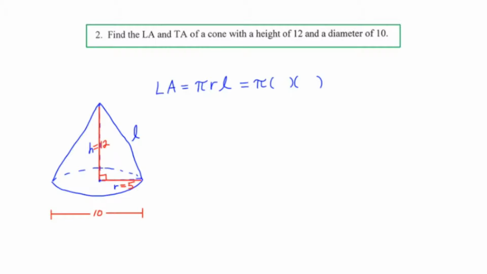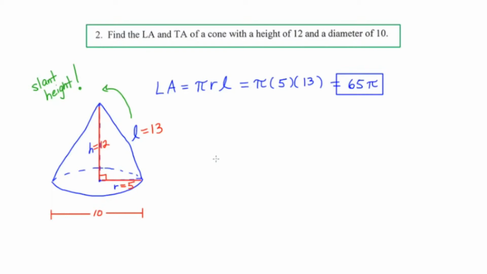Now, this is a Pythagorean triple family, which would mean that L, or the slant height, is equal to 13. 5, 12, 13. And let's just make it very clear that L stands for this thing called slant height. So we've got the pi, the radius is 5, and the slant height is 13. We multiply the 5 and the 13 together, and we end up getting 65 pi.